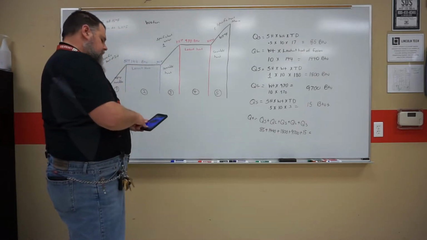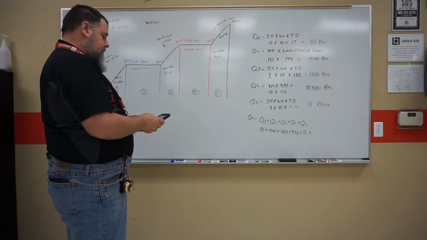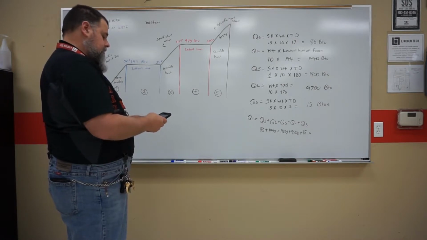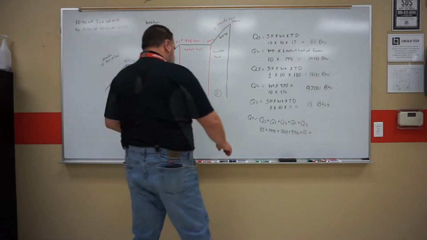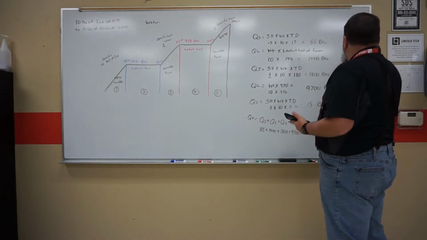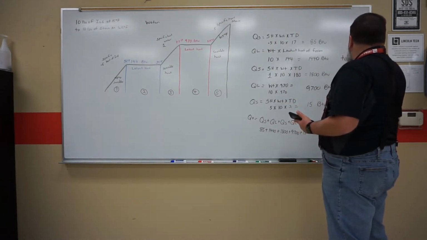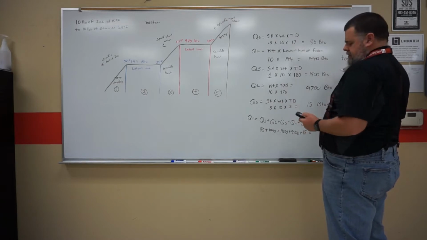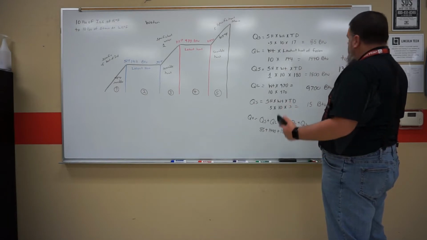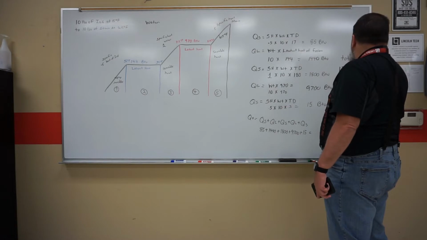So let's add this up and see what we got. 85 plus 1,440 plus 1,800 plus 9,700 plus 15. That gives us a grand total of BTUs, which I'll put right out here. This is our total for BTUs, and we're at 13,040 BTUs.